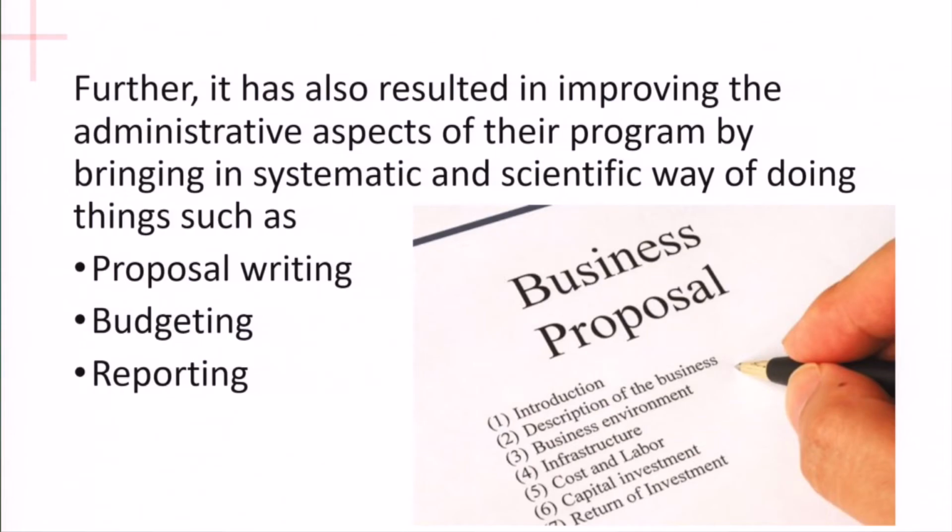Further, it has also resulted in improving the administrative aspects of their program by bringing in systematic and scientific way of doing things, such as writing proposals, bringing in budgets, bringing in reports. So, the management aspects are brought into the NGO's operation.